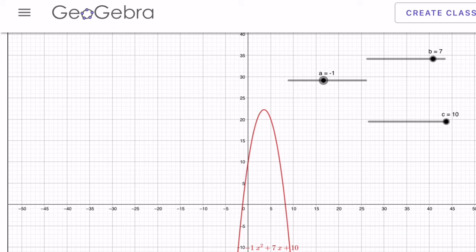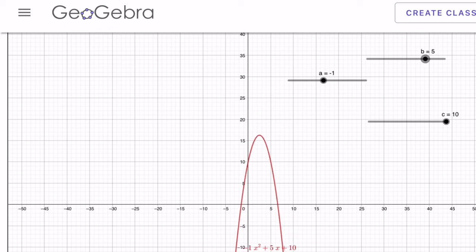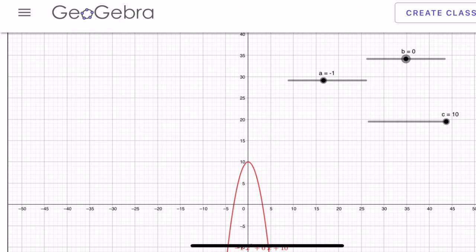When you change B, the change in the value of B will only affect the position of the vertex. You see the turning point. The vertex will change when we change the value of B. When B is equal to 0, the vertex is on the y-axis.